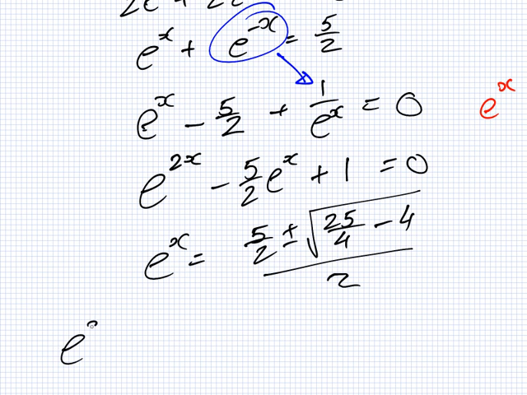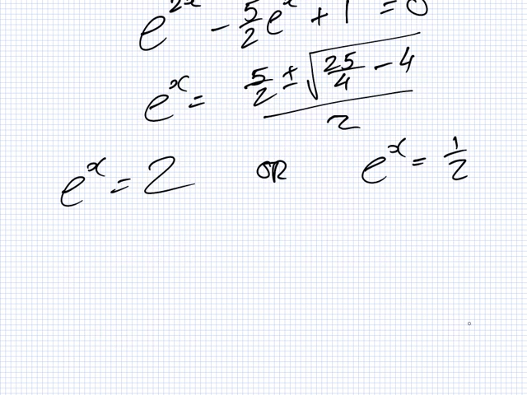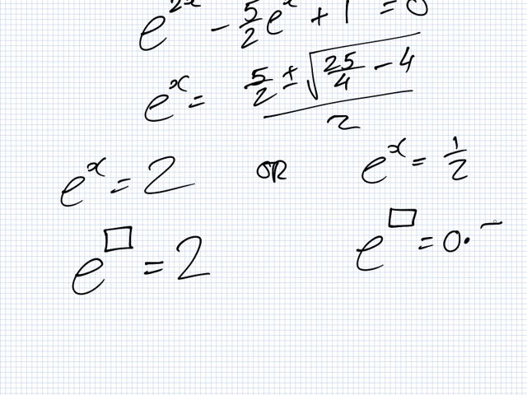I got e^x equals 2 or e^x equals a half. Okay, so I don't want e^x. I want x. So if I just go down here, think about it like this. We have e to what power makes 2, and e to what power makes 0.5.